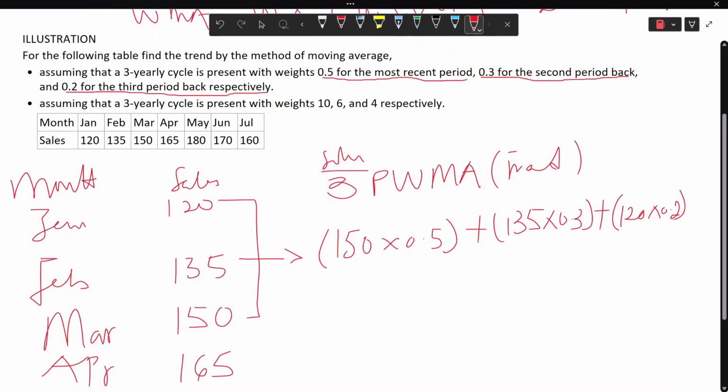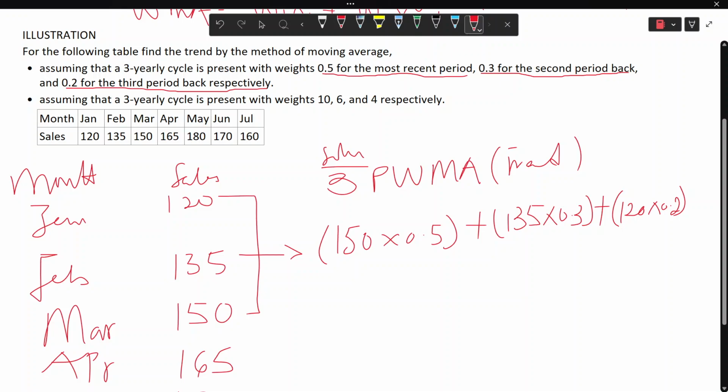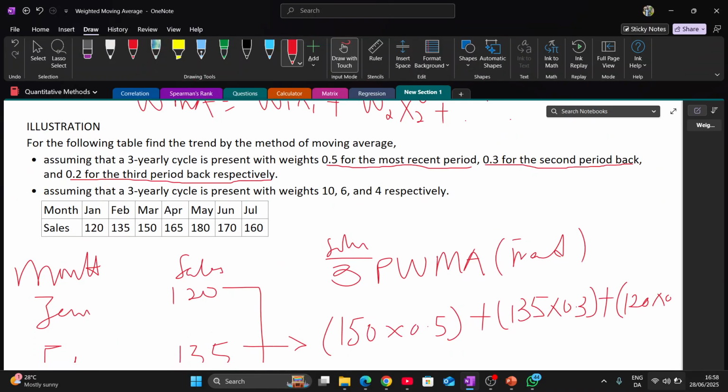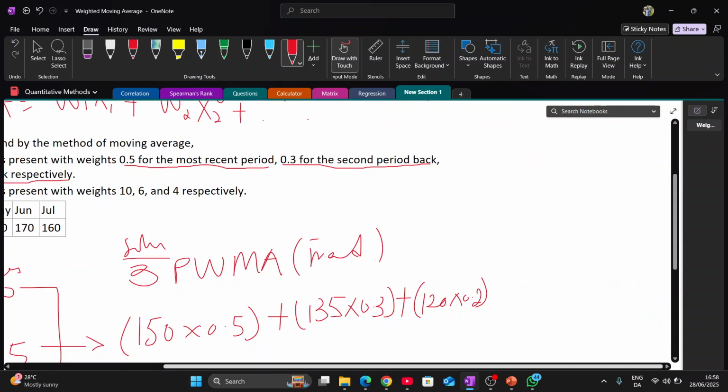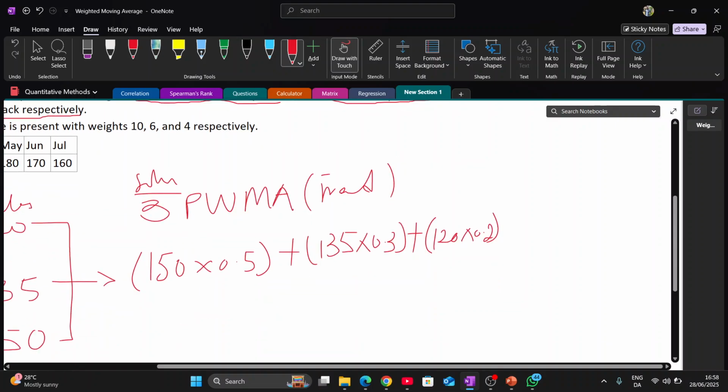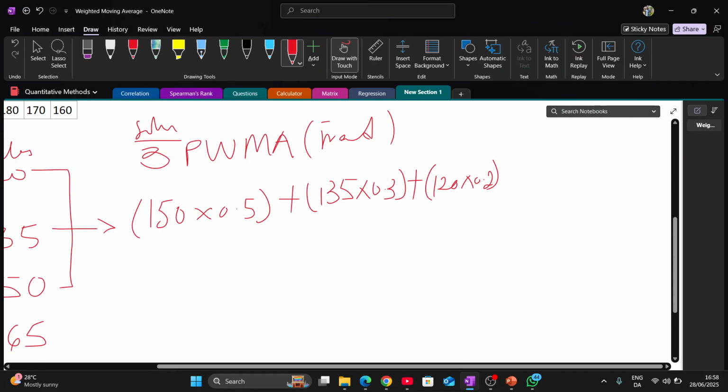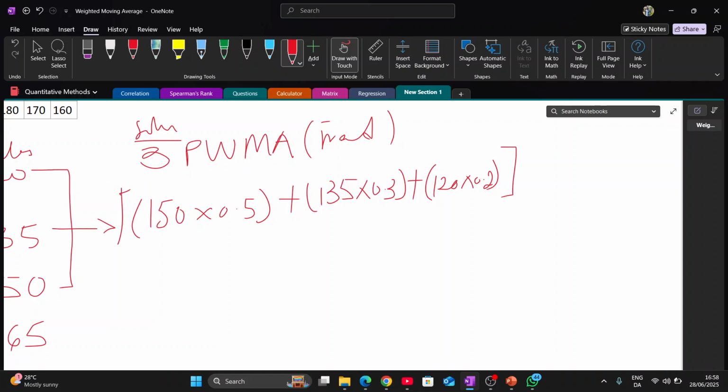Because the sum of the weights is 1, there's no need to even find the sum; if you still want to divide, everything is divided by 1, the summation of the weights. So that's 150 times 0.5 plus 135 times 0.3 plus 120 times 0.2, giving us 138.